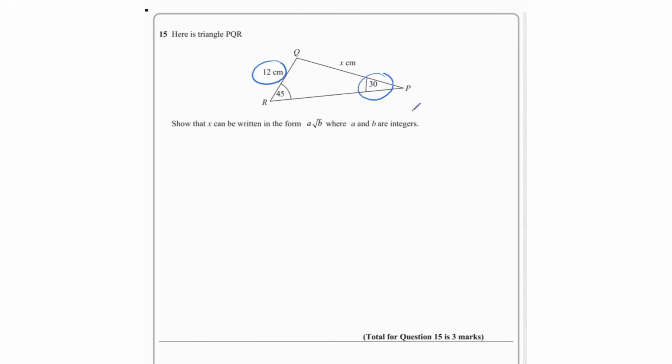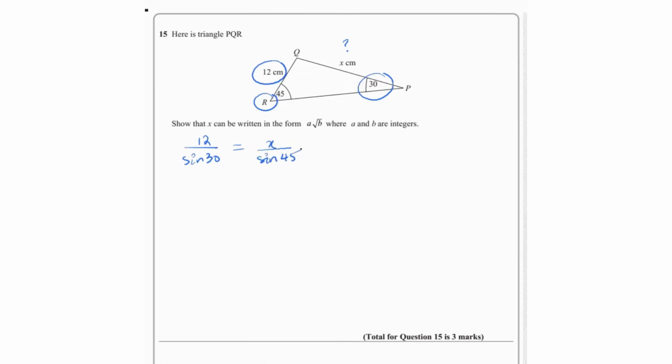So the length opposite to an angle is the pair for that angle. Similarly, over here, we have the angle, we need to find the length. So we can say that 12 over sine 30 equals x over sine 45.